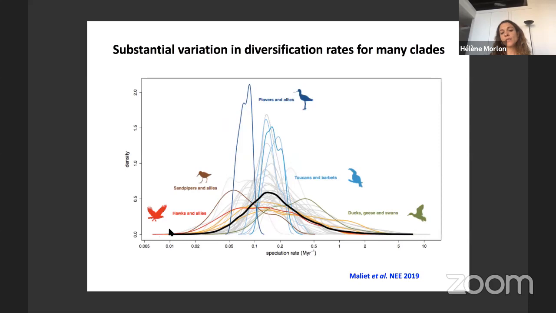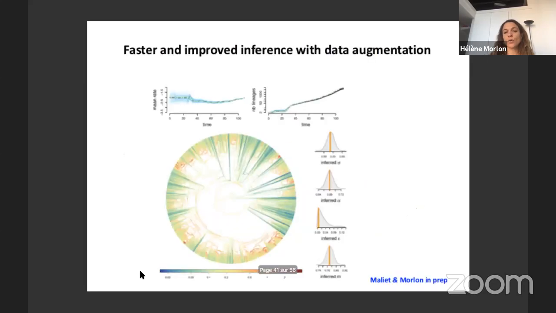For some of these clades, there's as much variation within the clade as across the whole bird phylogeny, meaning that there's really some rate heterogeneity that can happen at a pretty narrow taxonomic scale. It's not only big shifts in diversification that happen during the evolution of clades, but also at small scales, there can be a lot of variation.